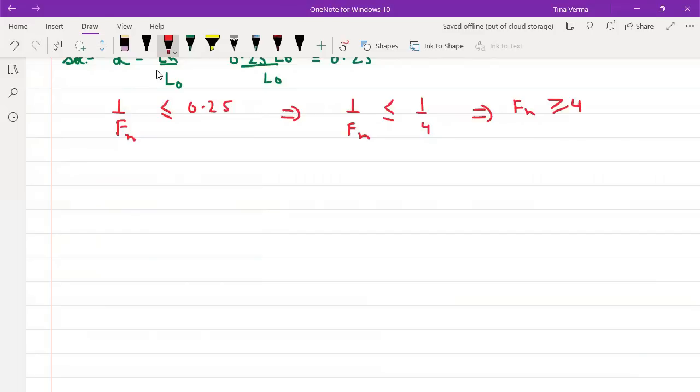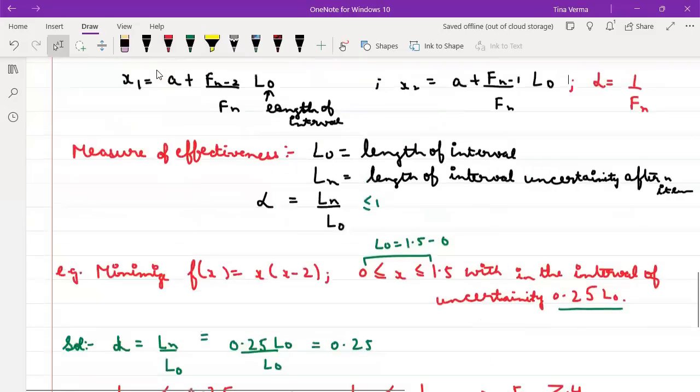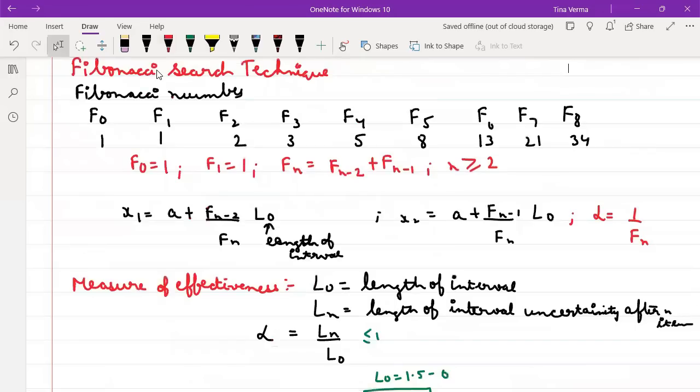So when you do it like this, Fn is greater than or equal to 4, and you have written the Fn series like this, okay? Where does Fn become greater than 4? At F4.